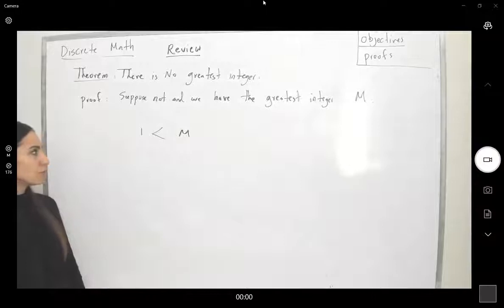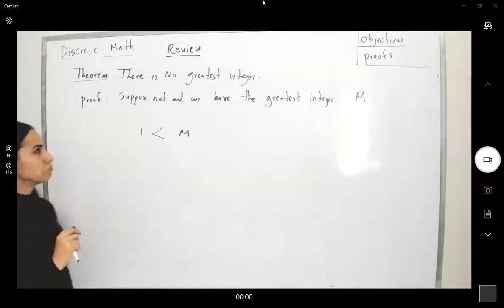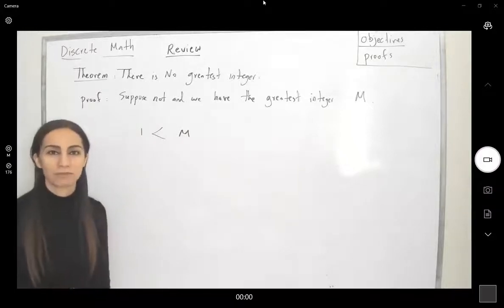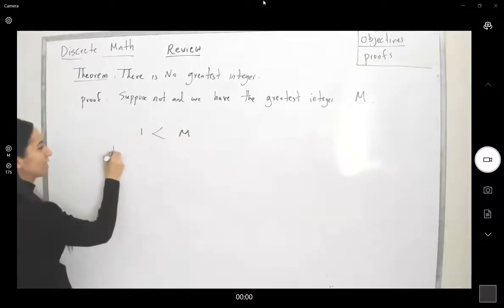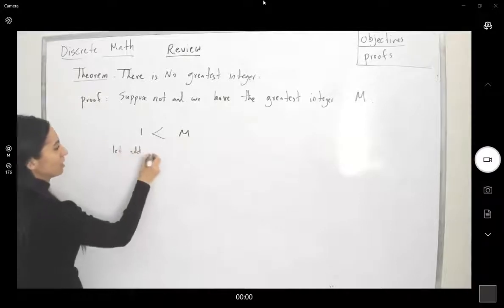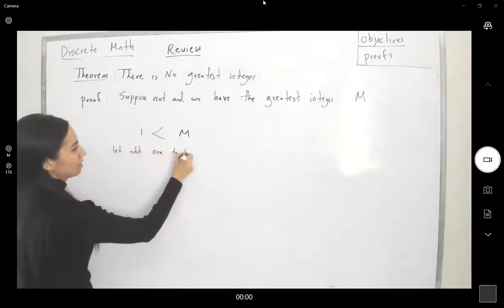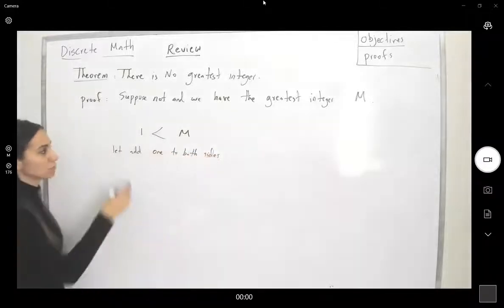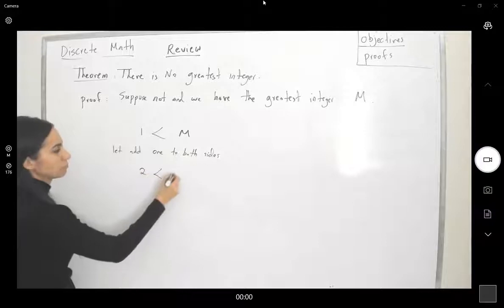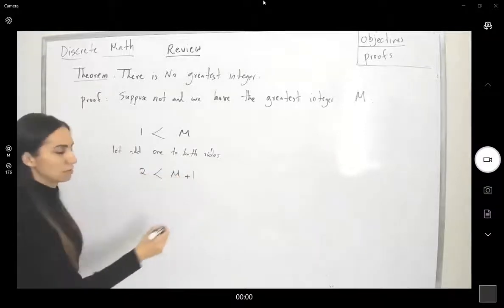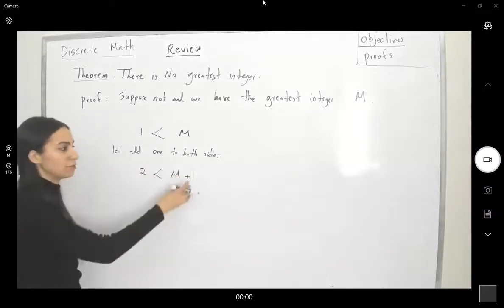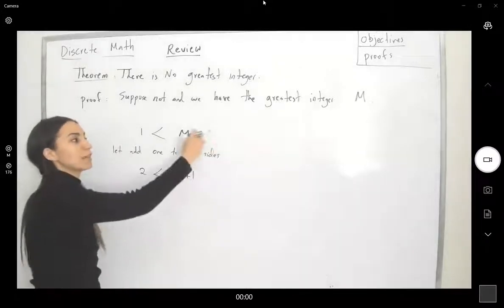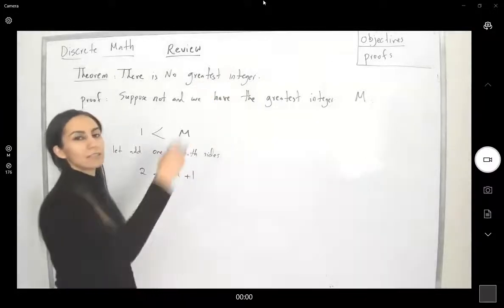So I'm going to do some algebra. I'm going to add some numbers. Well, let us add 1 to both sides. What do we get? 1 plus 1 is 2, less than m plus 1. Hey, I found another integer which is 1 unit greater than my greatest integer.